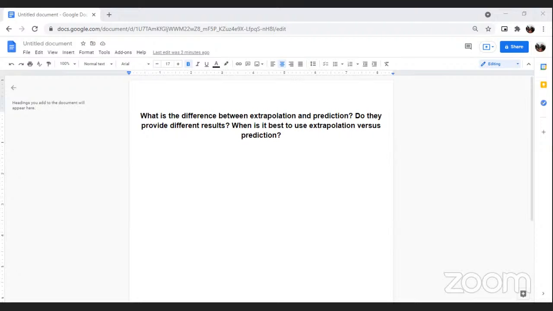It actually provides the confidence band to the estimated value. Hence, there's basically no difference between prediction and extrapolation. Prediction gives you extra confidence in the value that is extrapolated.